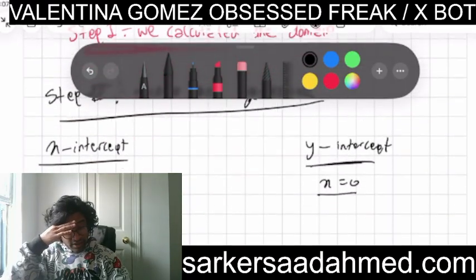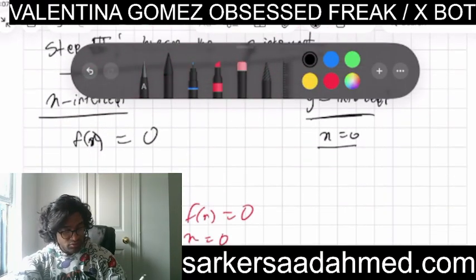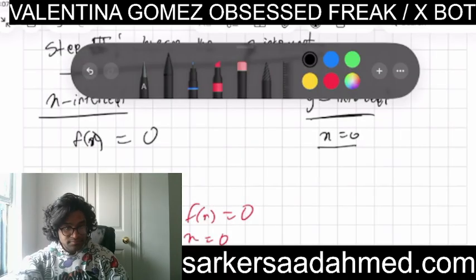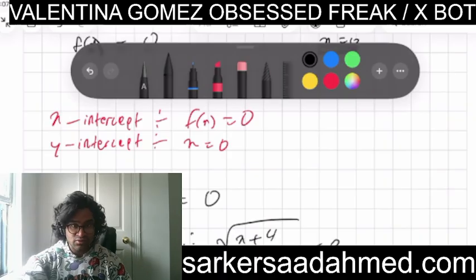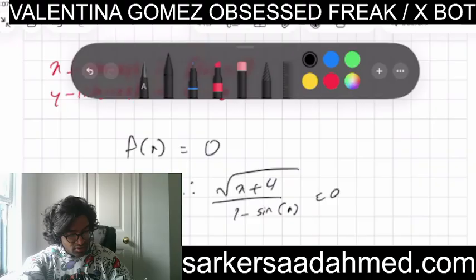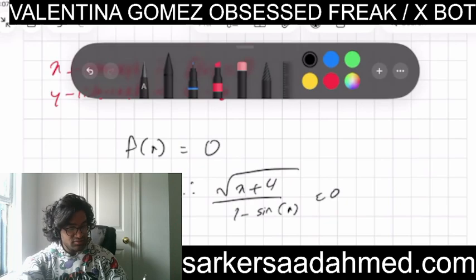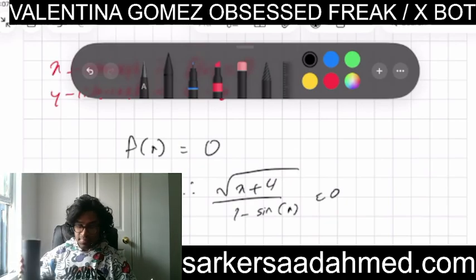And so therefore, to calculate the x-intercept, what was the equation? Root of x plus 4 by 1 minus sine of x is equal to 0. So root of x plus 4 is equal to 0, x plus 4 is equal to 0, x is equal to minus 4.